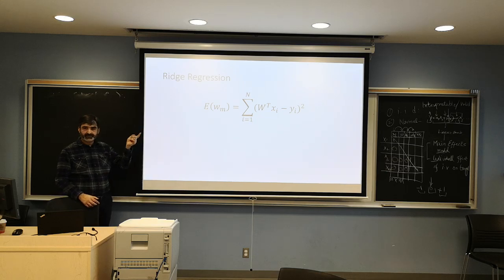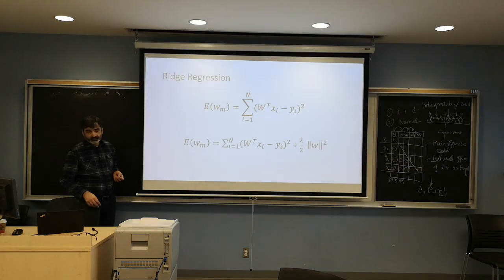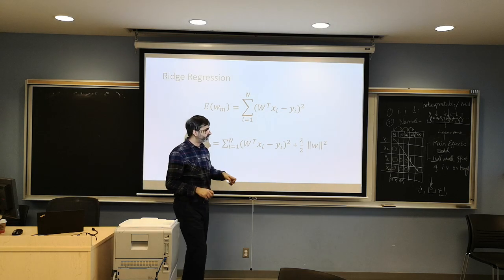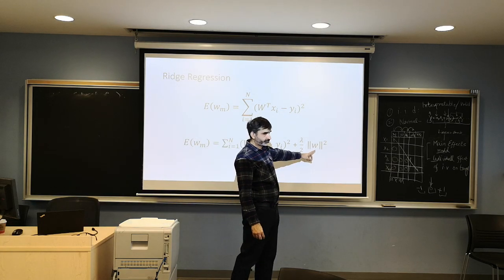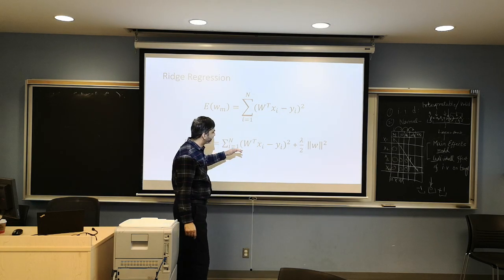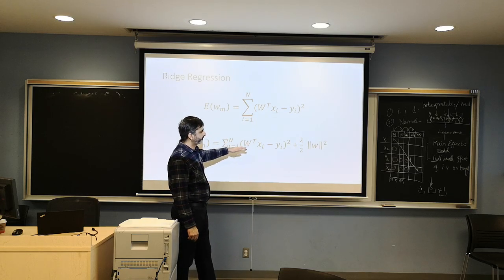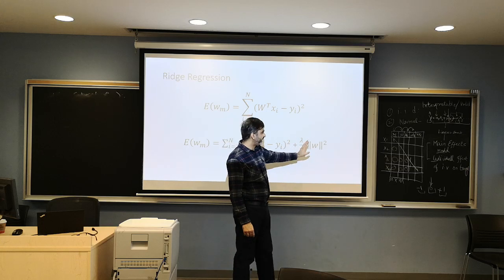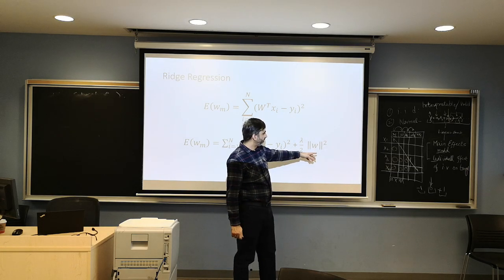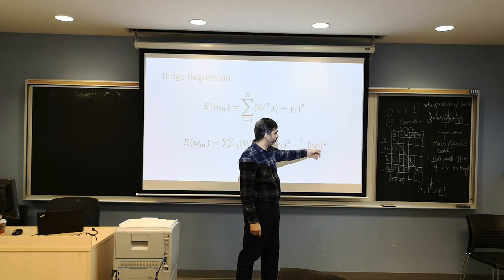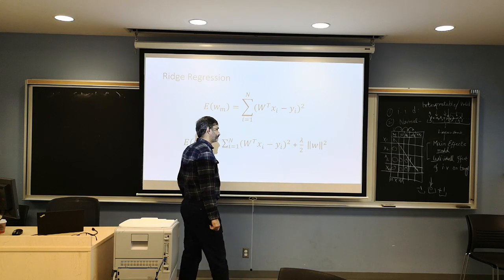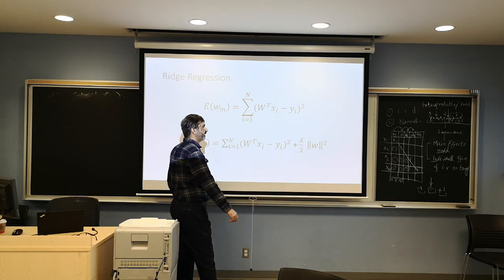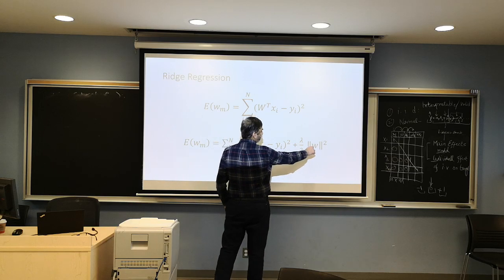We have this error, sum of squared errors. We include a penalty term in our error. We want to minimize this error as well as the size of the weights. We call this L2 norm. L2 norm: W is a vector.